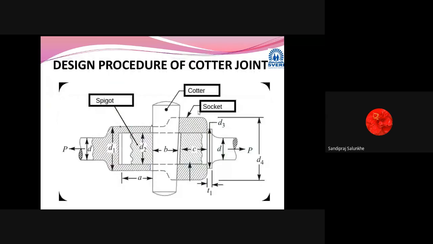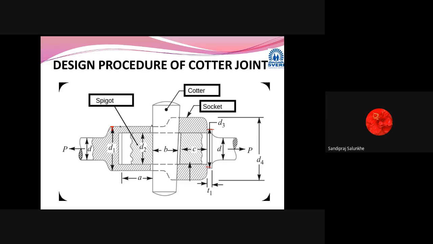See here. This we have considered as the diameter of the socket. Here we are going to consider this collar.